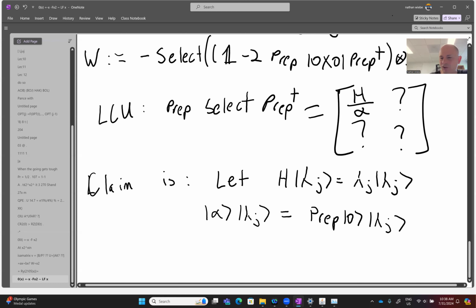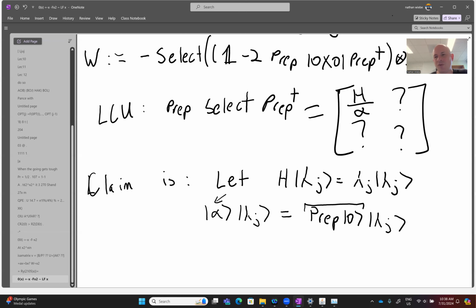Now I apologize for this notation. Alpha over here I'm using basically just as shorthand for prep 0 because I'm going to be writing so many prep zeros down below that it's useful to have a slightly abbreviated notation for it. So I apologize for having to introduce this, but that's the notation we're going to use.